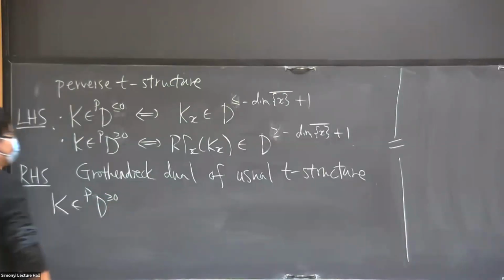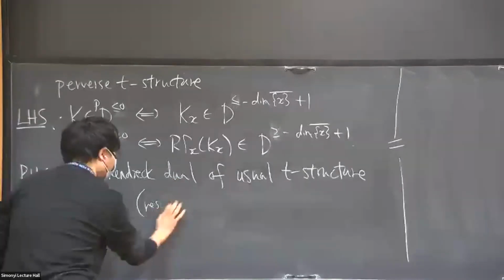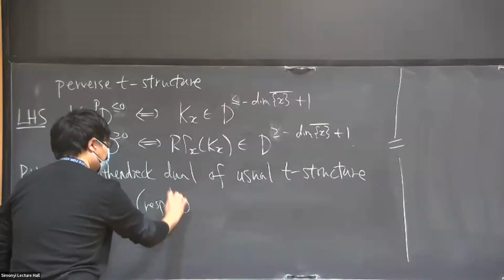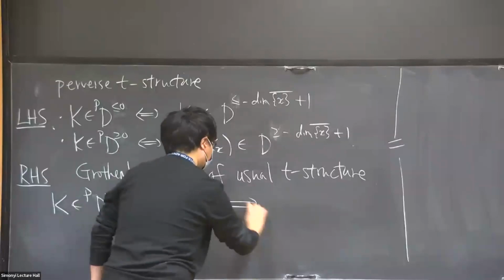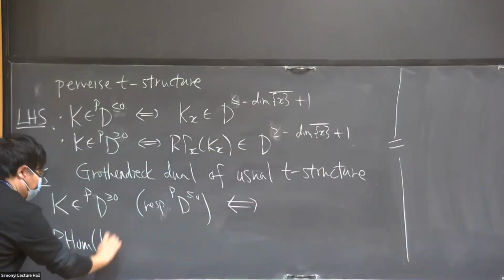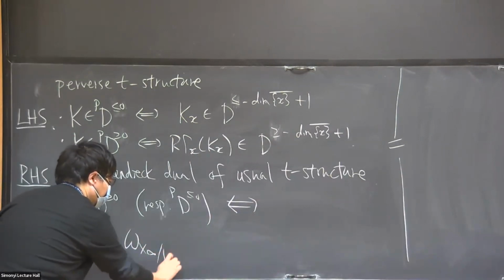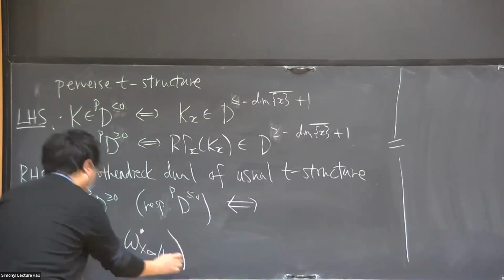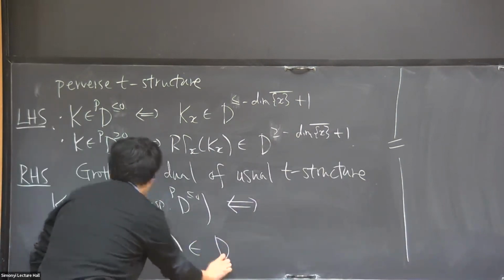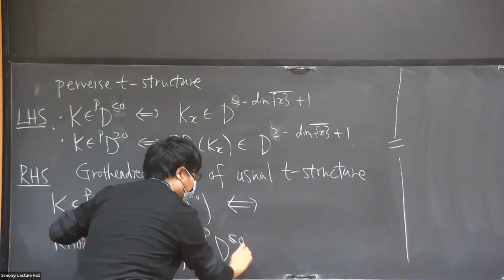equal to 0, respectively, if and only if you Hom K to this relative dualizing complex is in D^{t≤0}, almost.